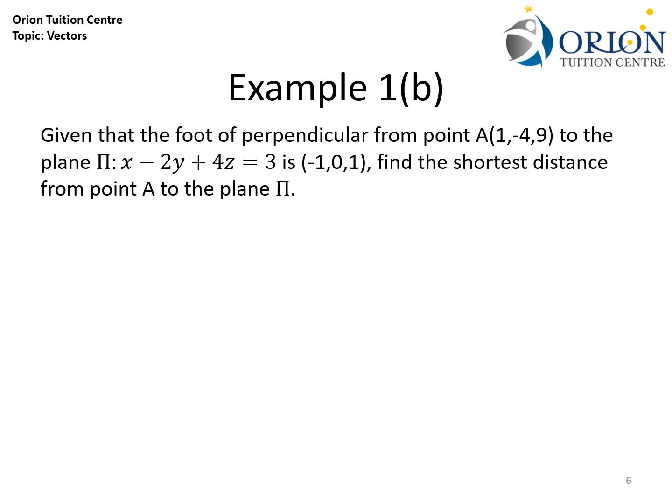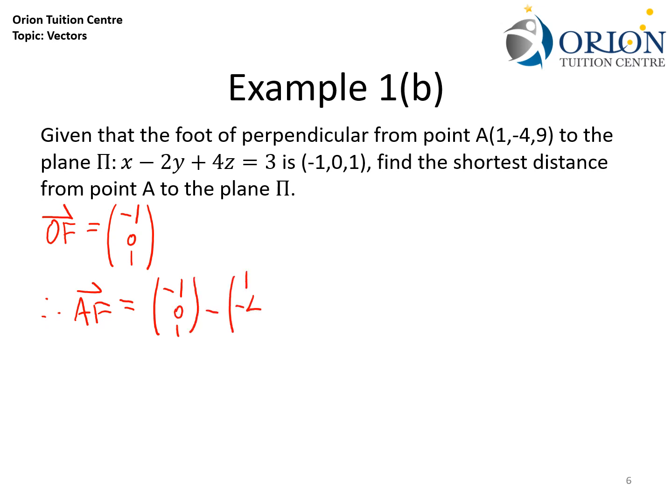Example 1b is a continuation of example 1a. In example 1a, we have determined that the foot of perpendicular from point A to the plane is (-1, 0, 1). Therefore, we can find out what is vector AF. AF will be (-1, 0, 1) minus (1, -4, 9), which becomes (-2, 4, -8).